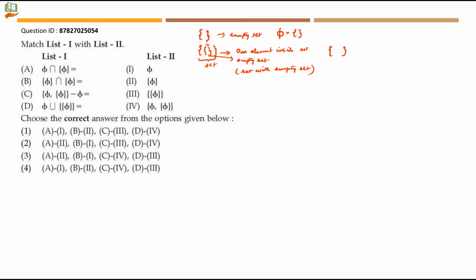This is a set. So we can keep the set symbol as it is. Now instead of the empty set symbol, we will use this phi. So instead of this, we will use phi. So whenever they say it's a phi symbol, it means it's an empty set. And whenever they say a phi symbol inside a set, it means an empty set that is present inside the set. It means the set is with one element and that element is empty set.